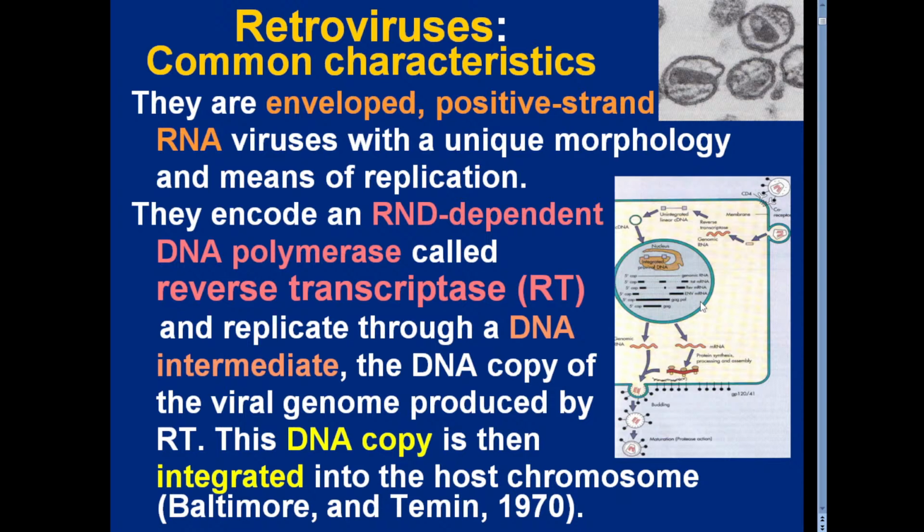These viruses have a unique enzyme which is called RNA-dependent DNA polymerase or reverse transcriptase. And these viruses replicate through a DNA intermediate. Then a DNA copy of the viral genome is produced by reverse transcriptase. This DNA copy integrates in the host chromosomes. It means in the chromosome of the host cell.